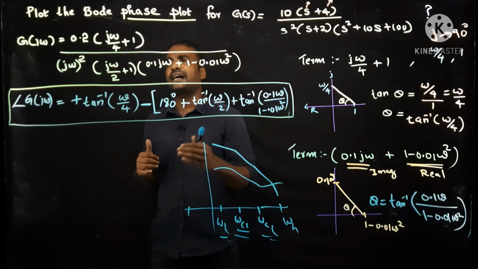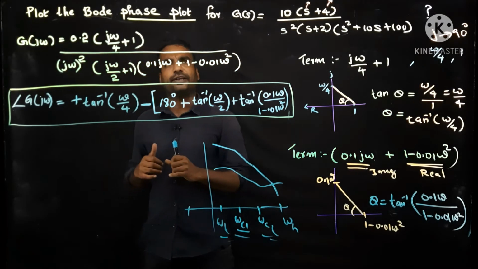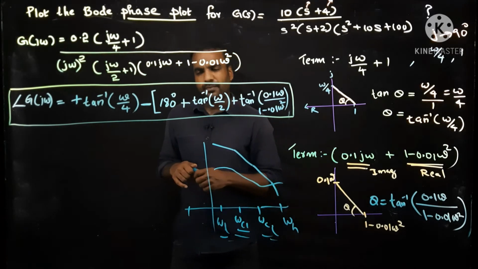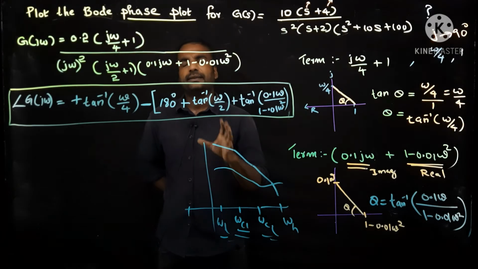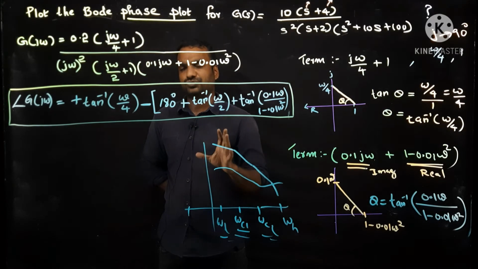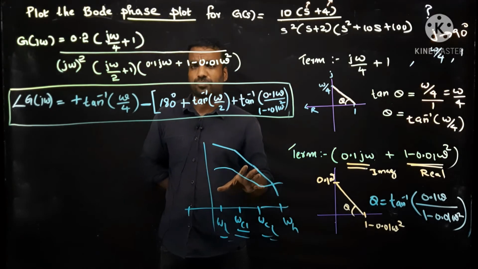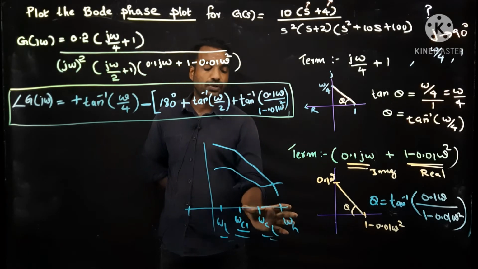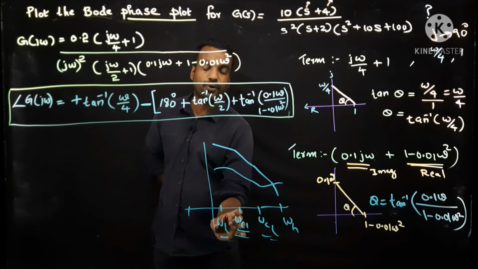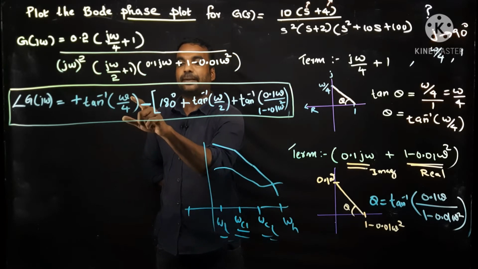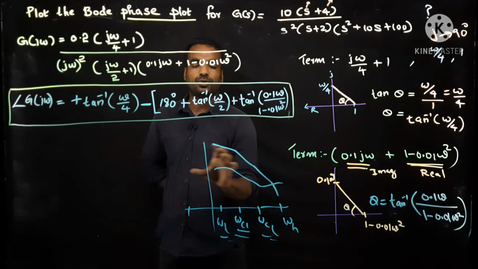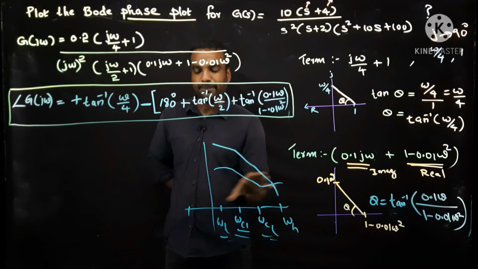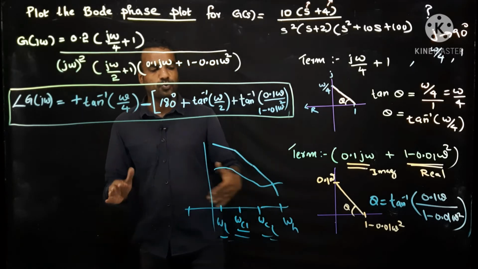But if you are just asked to draw only the phase plot, nothing like that, you can take any point. But normally such a thing will not happen. In the exam, you will be asked to draw both the phase plot and magnitude plot, or the entire Bode plot. So you should substitute the same points as omega. Then only you will get both drawings in the same plane. Okay, so now we are moving to the next step.